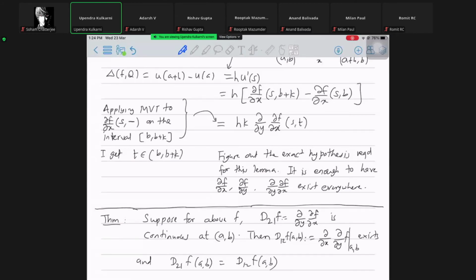So this, let me just. How about this? And then we are perfectly good, because the first partial derivative I can talk about everywhere.